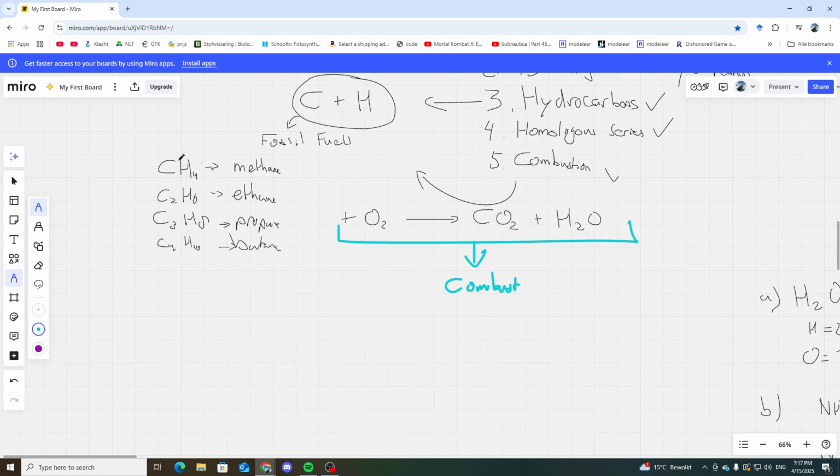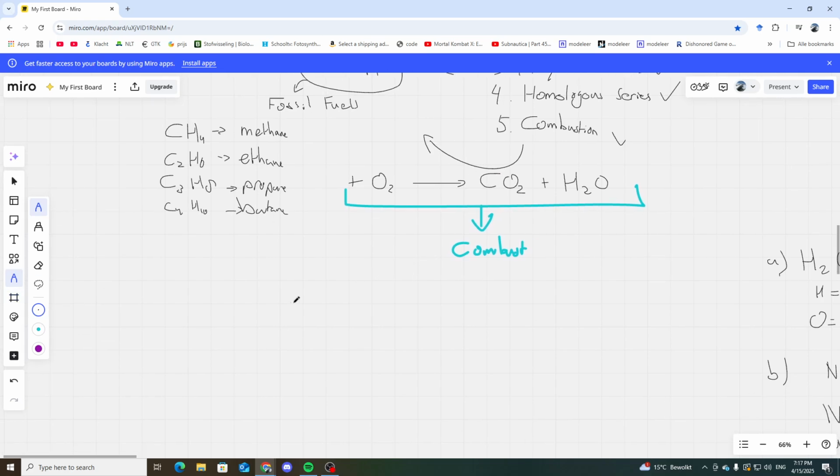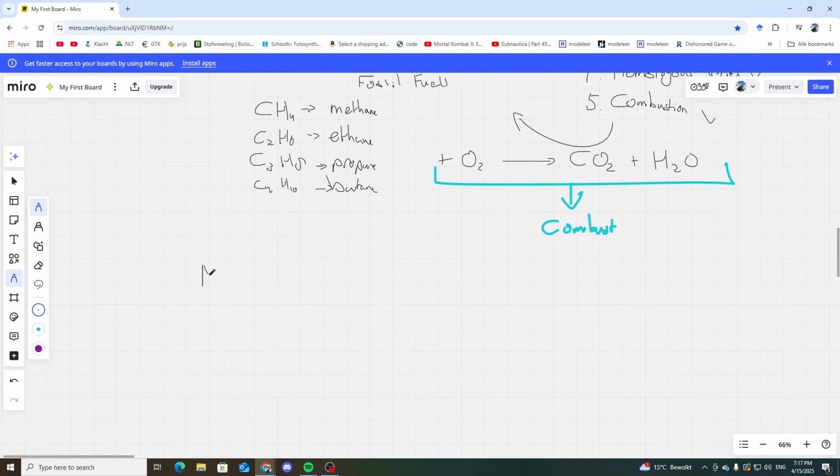When we combust a fossil fuel, we mean that we're adding oxygen into it. We add oxygen to our fossil fuel, it reacts with the oxygen and turns into carbon dioxide and water. That is combustion.